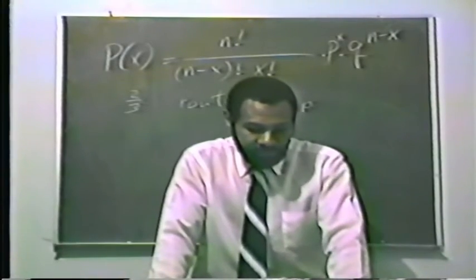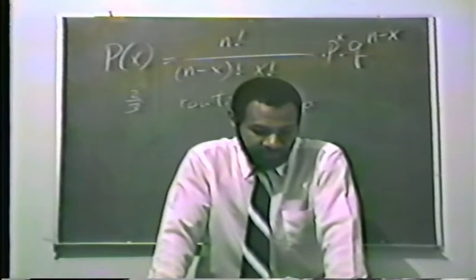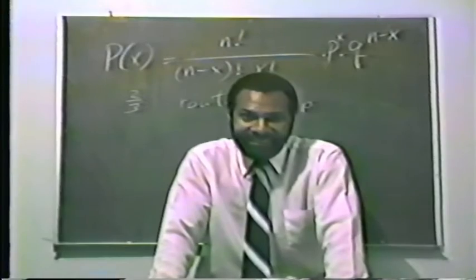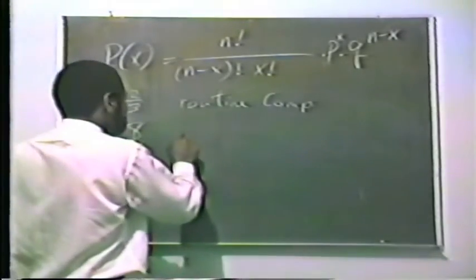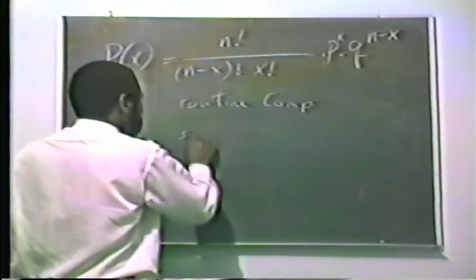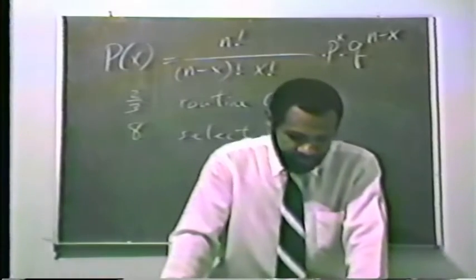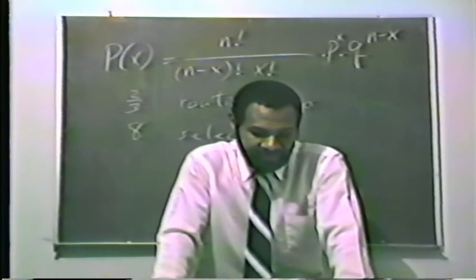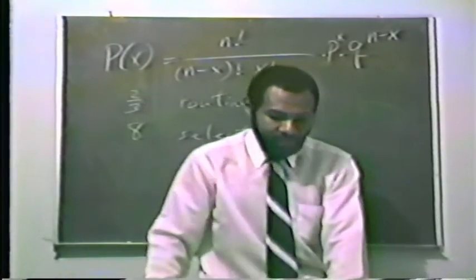If an employer were to hire 8 randomly selected Americans, so we are selecting 8 randomly selected Americans, what is the probability that exactly 5 of them can do routine computations?